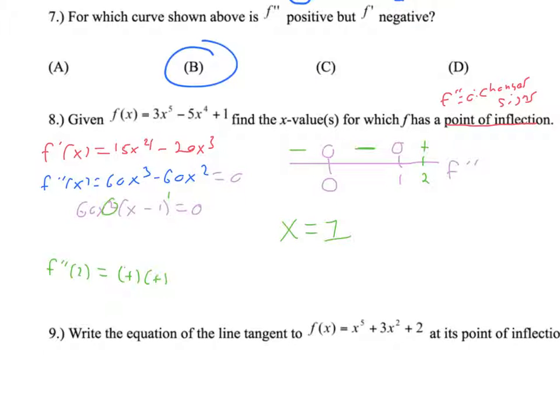This function has a point of inflection when x is equal to 1 because there has to be a sign change. The second derivative doesn't change signs at 0, so that is not a point of inflection. It does change signs at 1, so there is a point of inflection.